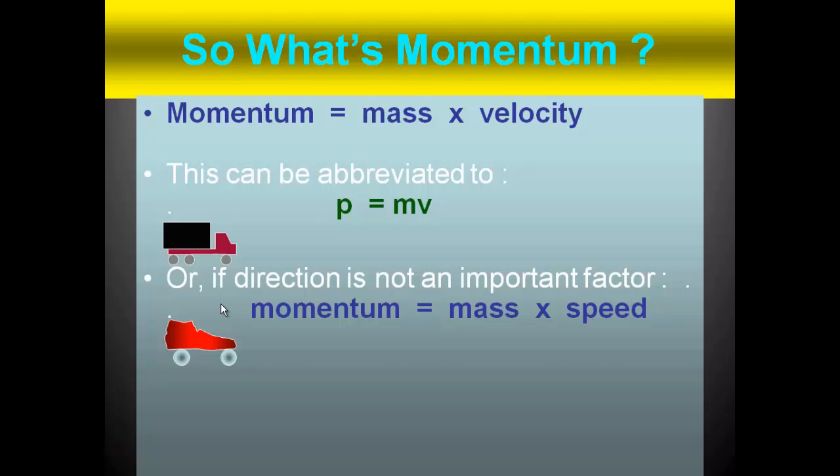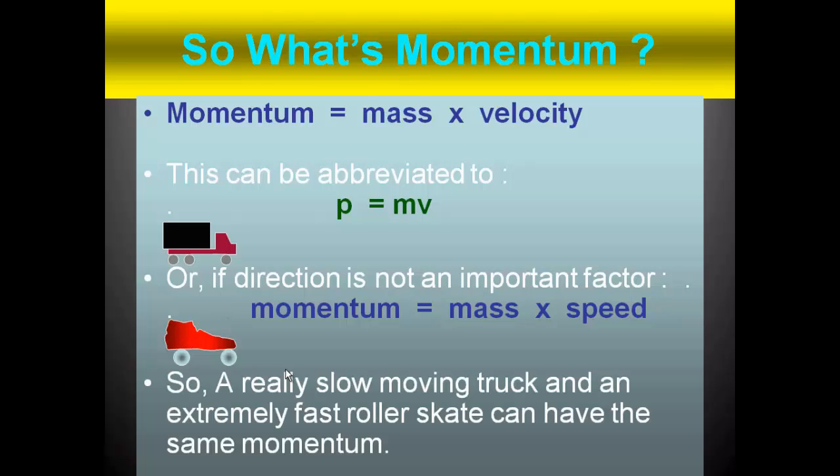However, we can still get them to have the same momentum if we increase the roller skate's velocity so much that it is many times as great compared to this as this mass is to this. Now, I'll explain what I mean by that in a second here. So a really slow-moving truck and an extremely fast-moving skate can have the same momentum. And I'll show you the math in a second.